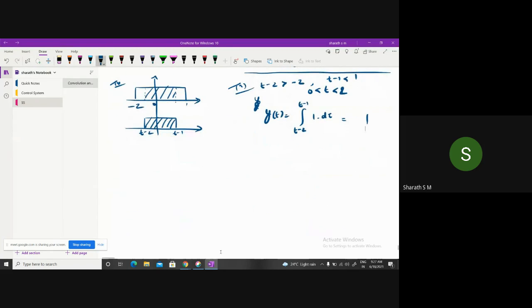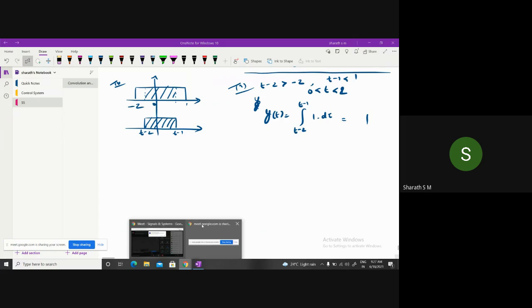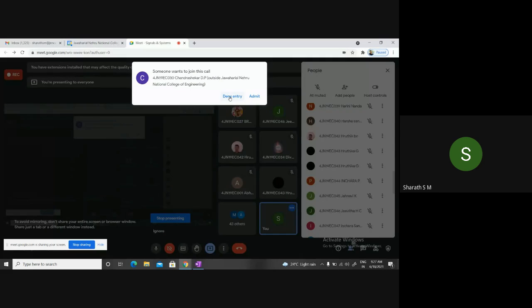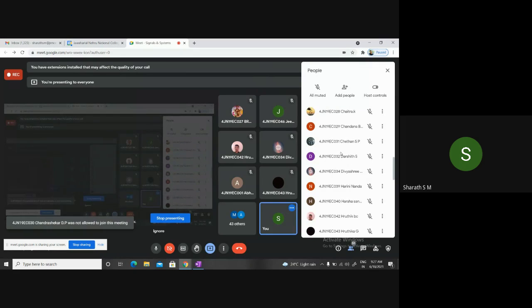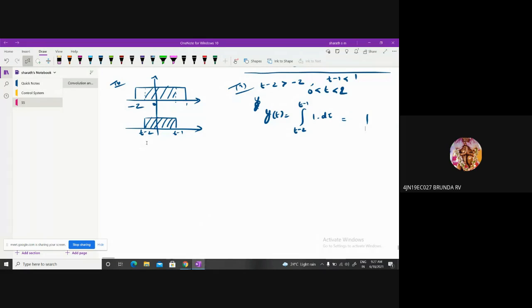So how do we sketch the fourth case? H of t minus tau has to be moved to the right side. So where should t minus 2 be now?